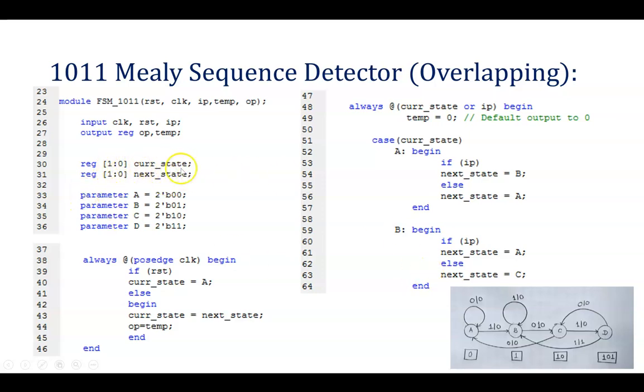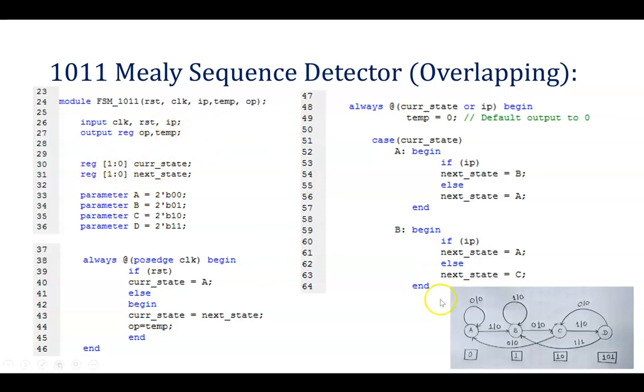Why have we taken these two? If I am in state A, I'll be moving to state B, so B will be my present state. In the same way, if I am in state A, my next state will be B. So I need to consider the current state as well as the next state. That's why a range has been defined, because it should be holding the data. This data type you need to define as a range every time.